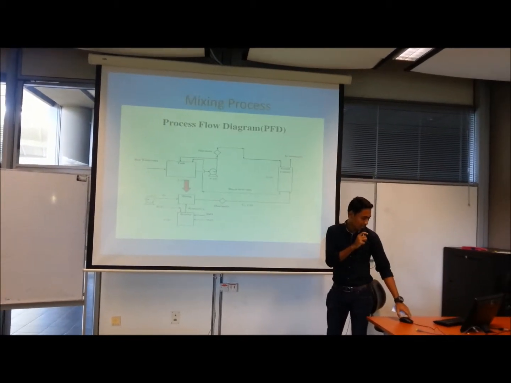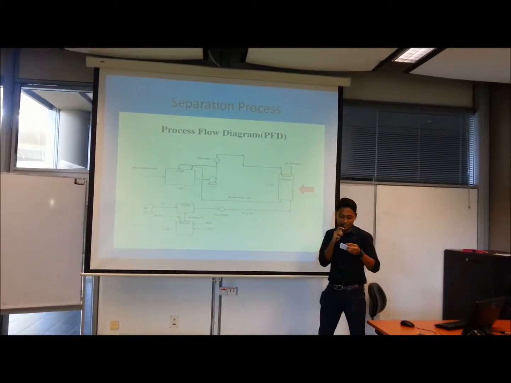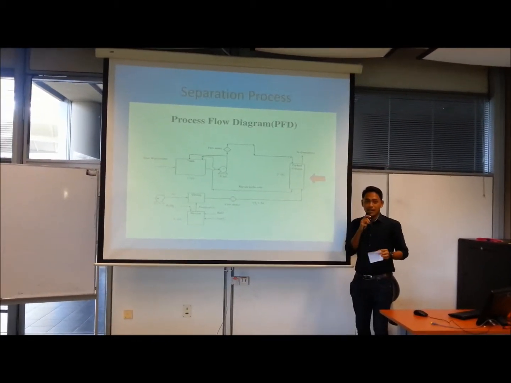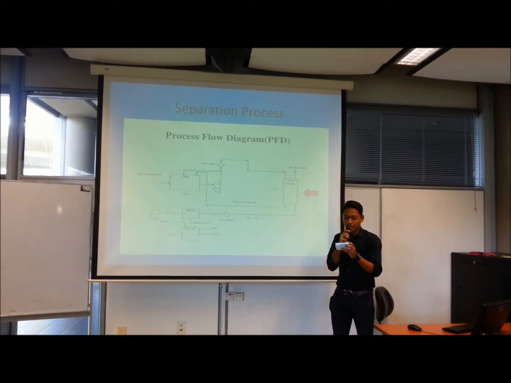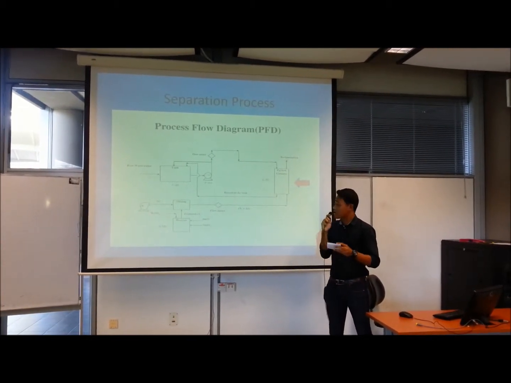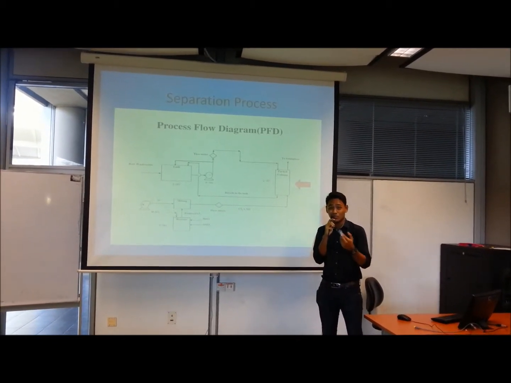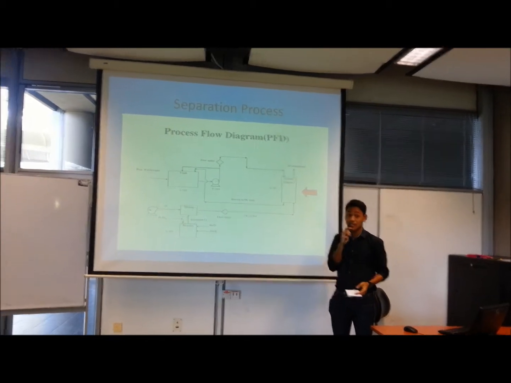It occurs in the packed column. This is a very important part of our industry. The function of the packed column is to purify the wastewater, by absorbing the contaminants in the wastewater.